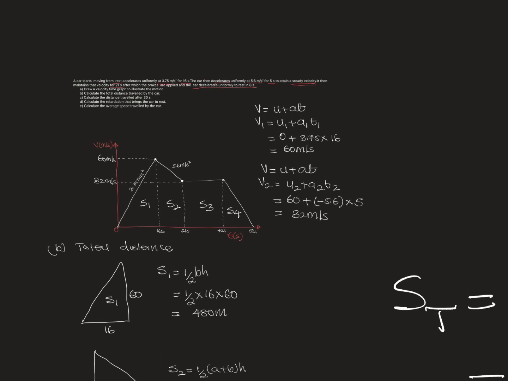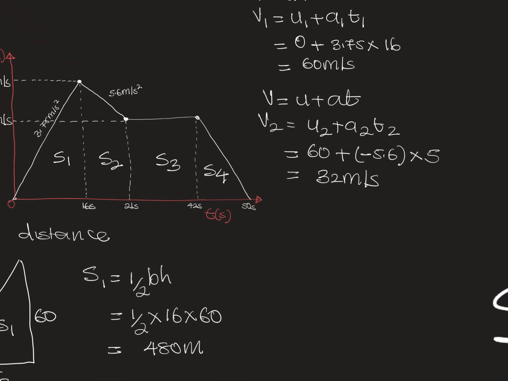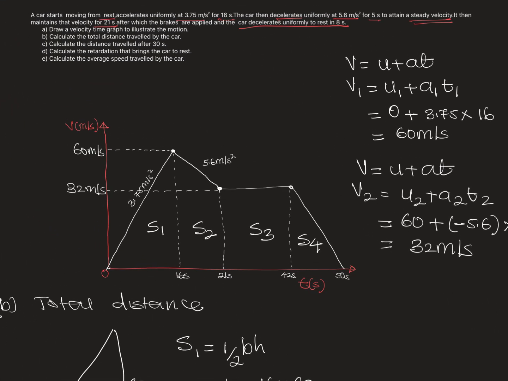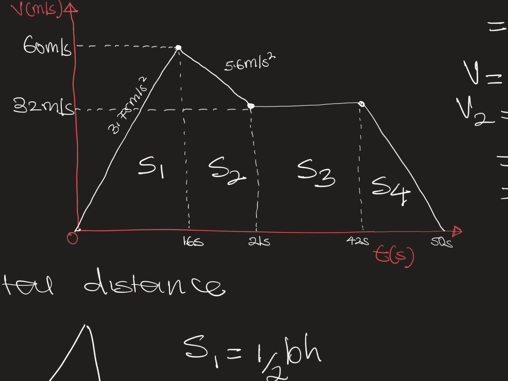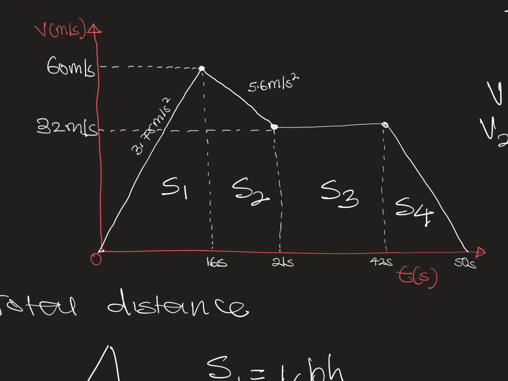calculate the distance traveled after 9 seconds, after 30 seconds. Now if you look at the graph, where will the 30 seconds fall? It will be somewhere between 21 seconds and 42 seconds. Let's assume this is where we have 30 seconds.